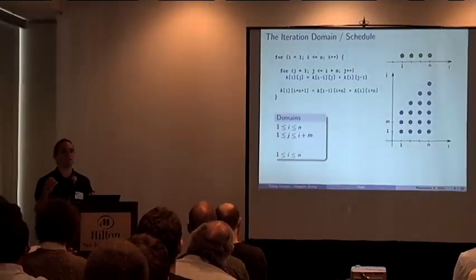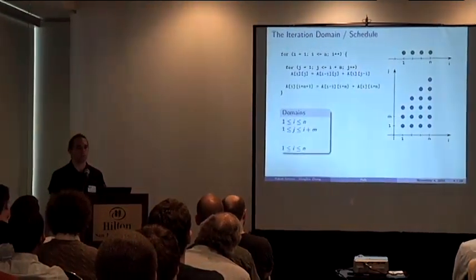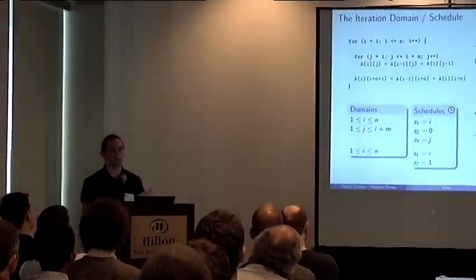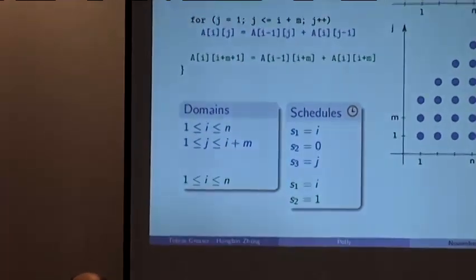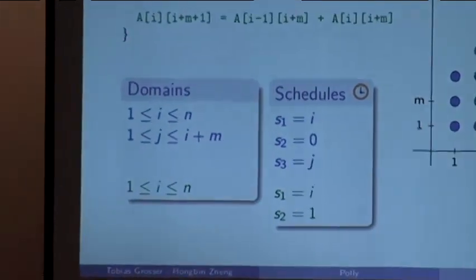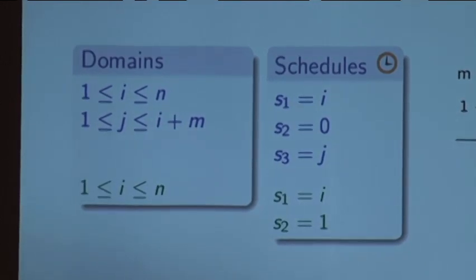So we need to keep track of the information about when the different statement instances are actually executed. And we store this in a different data structure called the schedule, which just maps every instance of a statement into a multi-dimensional time.